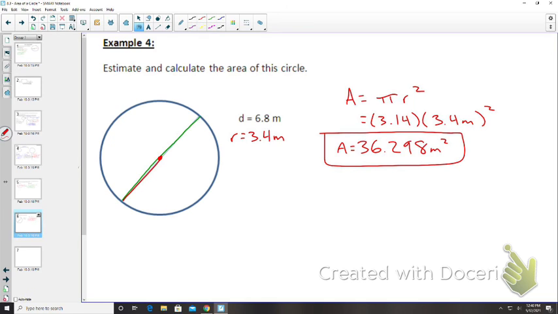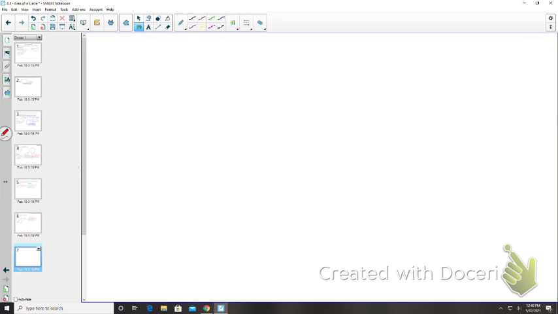Okay, so you guys have just gotten practice with a few different questions. Your assignment for today is going to be a topic 8.3 worksheet.